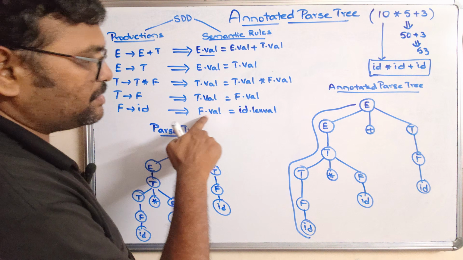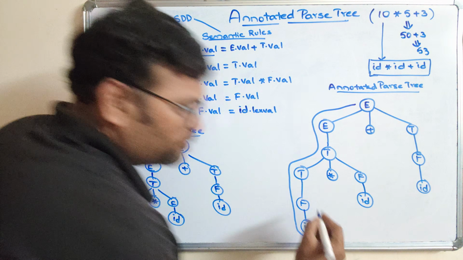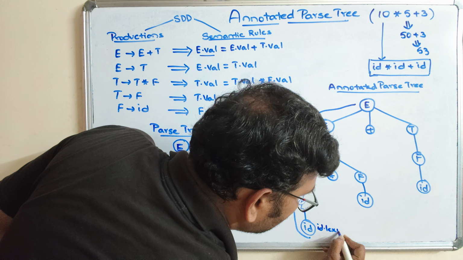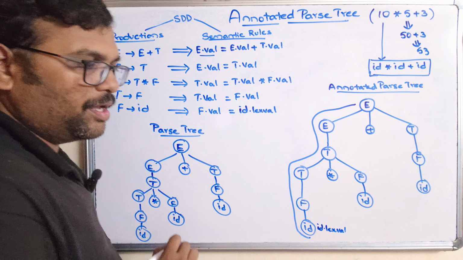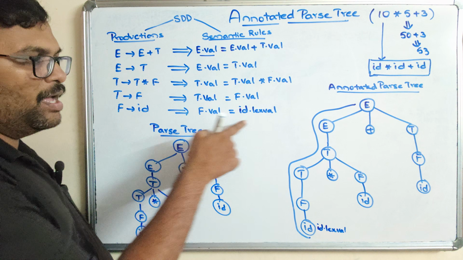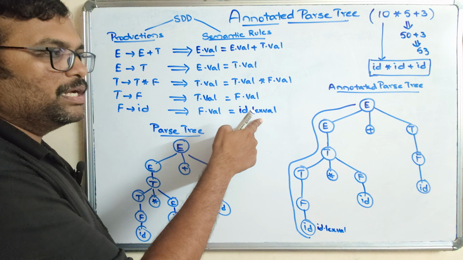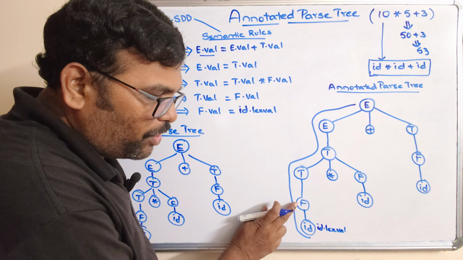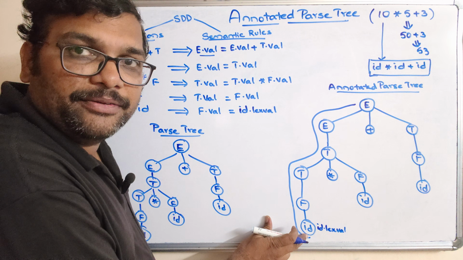Okay, so it is id dot lexval. So this becomes id dot lexval. Okay, and coming to this F, you can observe the last one, id dot lexval can be represented with F dot val. So the F dot val depends upon its child.